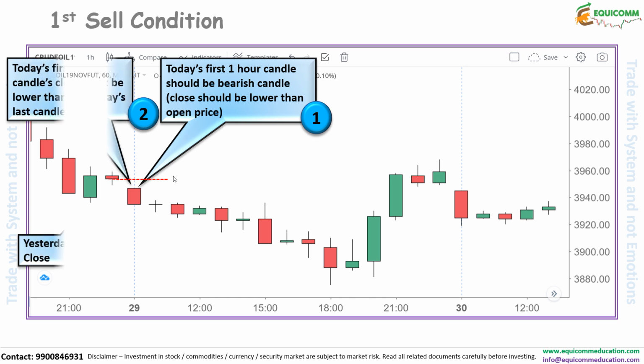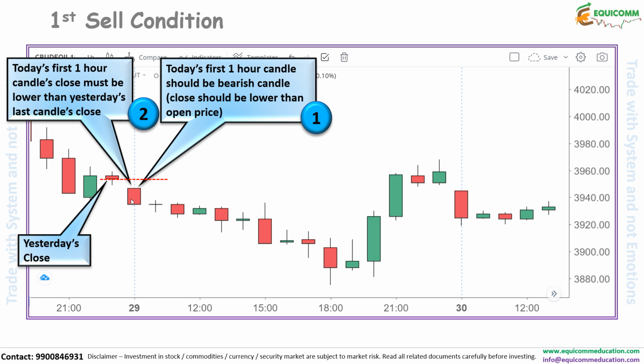Let's look into the second condition. Now today's first 1 hour candle's close, what you can see here, this close must be lower than yesterday's last candle's close price. Okay, so now here you can see this is yesterday's candle, of which the close is here.